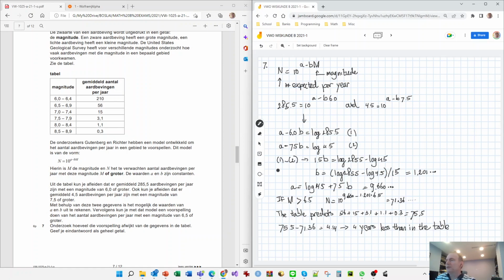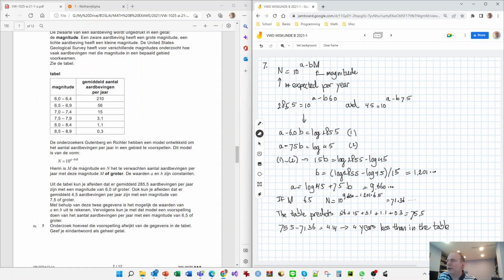So then we substitute, use this for m equals 6.5. Actually, I think this is a bit of a mistake.